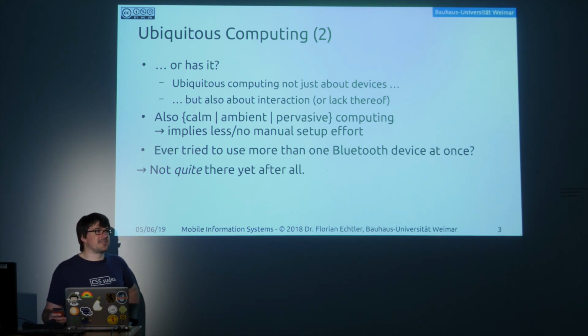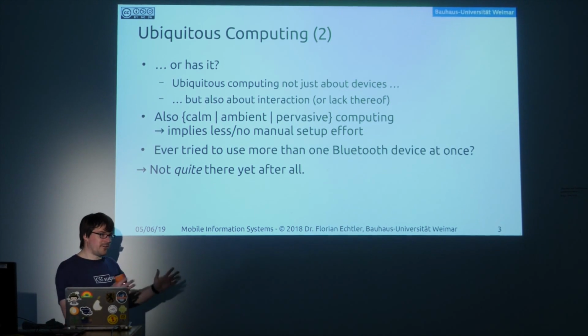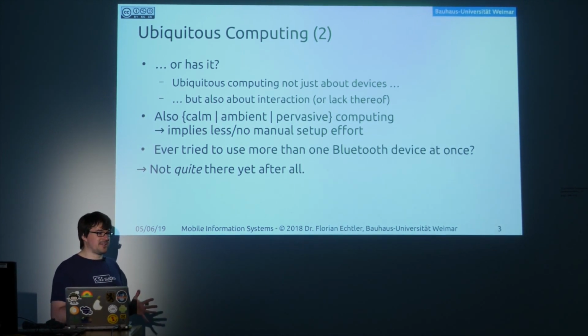So that part of the original idea of ubiquitous computing definitely isn't quite here yet. That's one part of the equation: ubiquitous computing looks at the interaction aspect and at which devices we actually interact with.